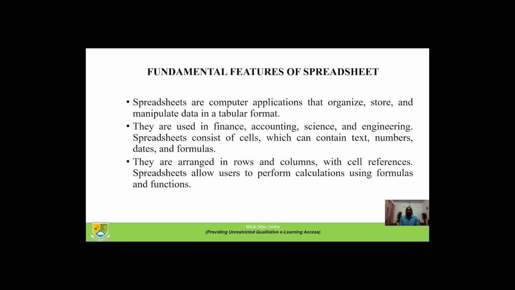Spreadsheet consists of cells, which can contain text, numbers, dates, and formulas, depending on the scenario, specific or particular applications. They are arranged in rows and columns, which consist of cells, with cell references. Spreadsheets also allow users to perform calculation using formulas and functions, as we are going to be mentioning some.